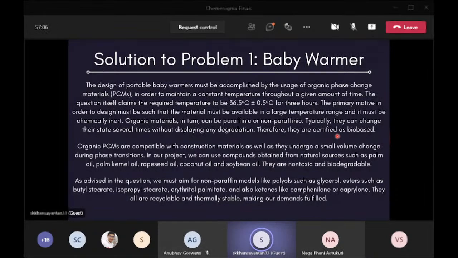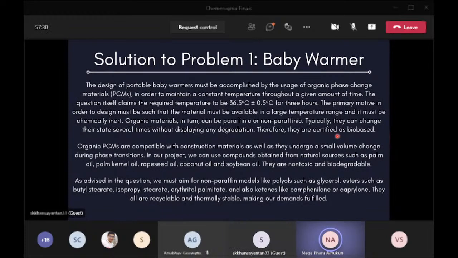Yeah, I think the exact reason is not known to us. It is only said that they are thermally stable. Yeah, so I may be confusing thermal stability with the phase changing temperature. Okay.